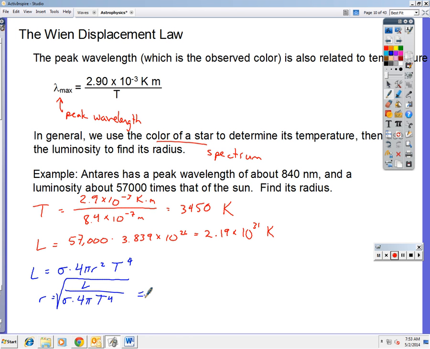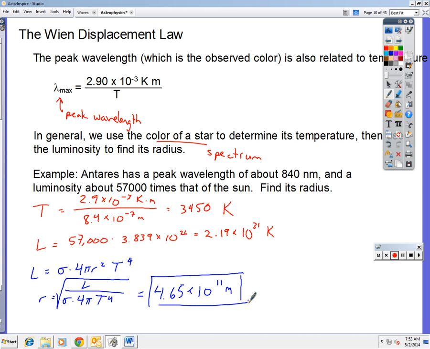And you put your numbers in, and you end up with the idea that Antares has a radius of 4.65 times 10 to the 11 meters.